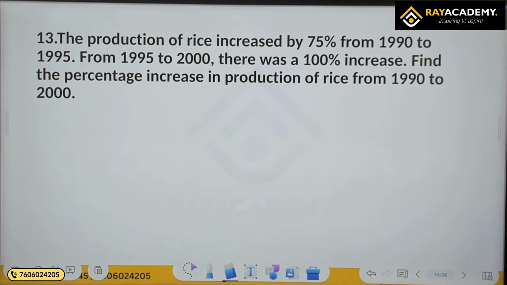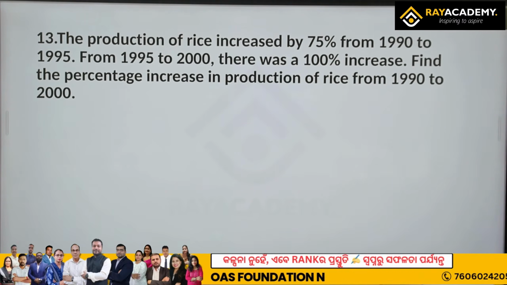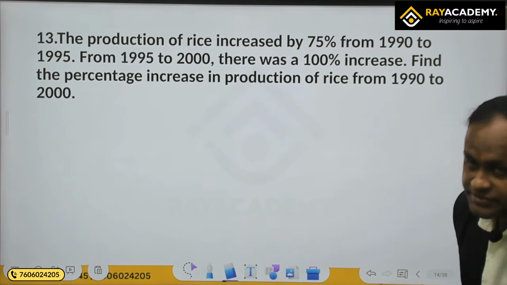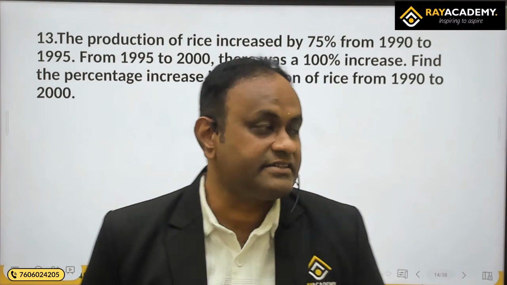Question number 13. The production of rice increased by 75% from 1990 to 1995. From 1995 to 2000, there was a 100% increase. Find the percentage increase in the production from 1990 to 2000. So there are two stages of increment given.